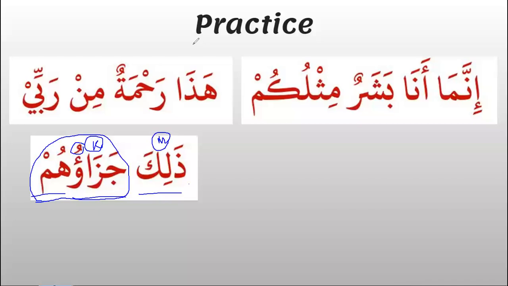Let me write it down. Zalika means that. And after mubtada what do we put? Am, is or are. After that we'll put is. That is. And jazauhum, you see jazau has no alif lam, so it's the mudaf, and hum is attached, so hum is the mudaf ilayh. Jazauhum means reward of them, which in simple English is their reward.